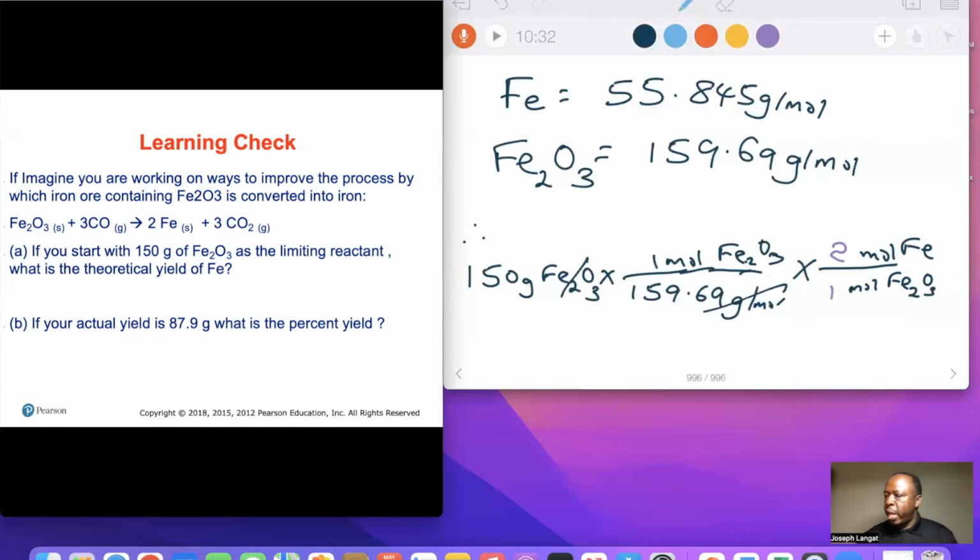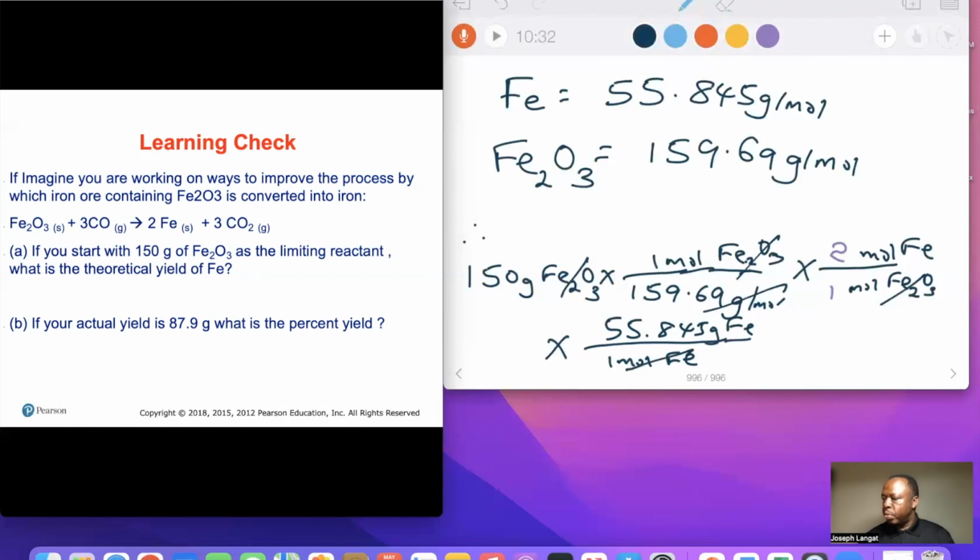So that when I cancel out this, I'm left with moles of iron. But I need to know the grams. So the last conversion factor here is from the atomic mass of iron. 1 mole of iron weighs 55.845 grams of iron. Just iron.